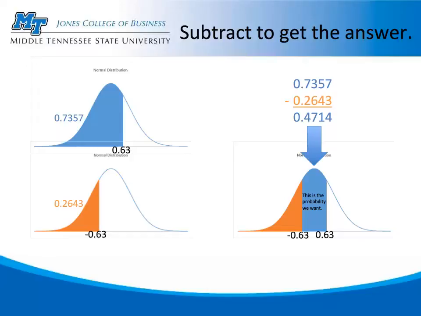That illustration is on the right-hand side. But what you need to do to get the part that's between a negative 0.63 and a positive 0.63 is just take off that 0.2643 from the 0.7357.